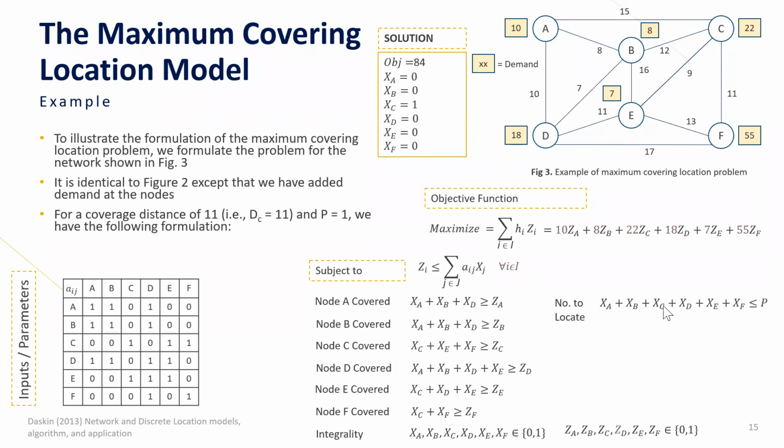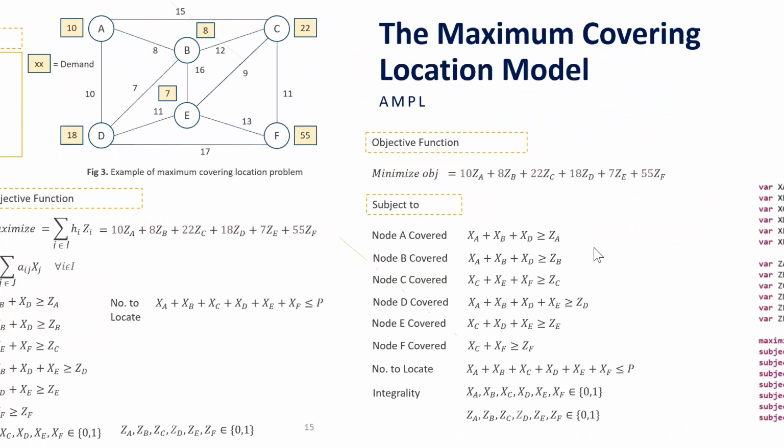And the constraint related to facilities is here on the right side. And for the data, it is all here, the data Aij matrix and the Hi, the demand of each node i. Well, you can use Excel to solve this, but you can also use AMPL.